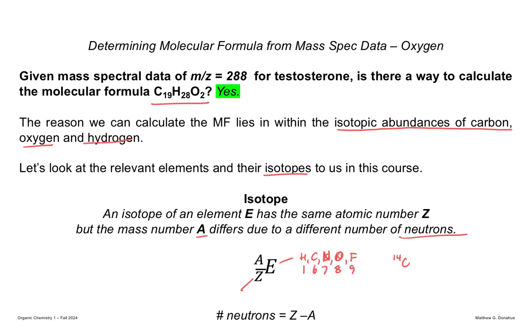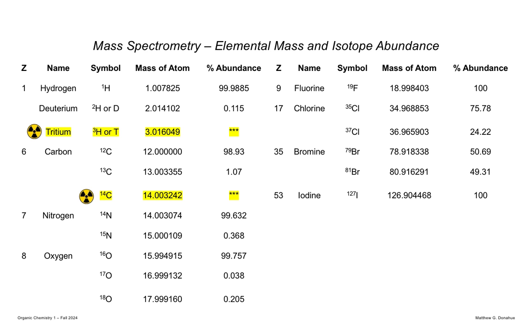It turns out naturally occurring elements can be present in these different isotopic forms. And so what are they? This is just a brief table of the ones that will concern us for this course. Here's Z, again the atomic number, and we just get that from the periodic table.